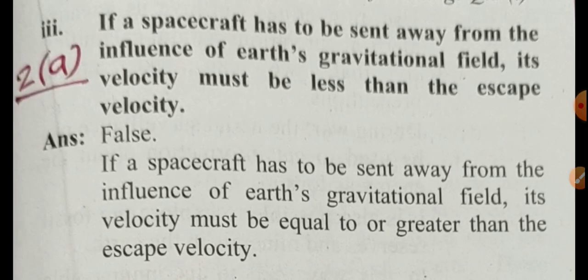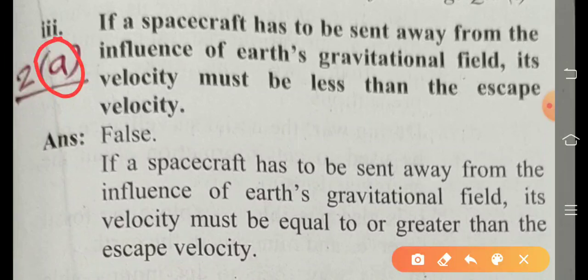Next. Now question number 2, option A in our textbook. If a spacecraft has to be sent away from the influence of the Earth's gravitational field, its velocity must be less than the escape velocity.